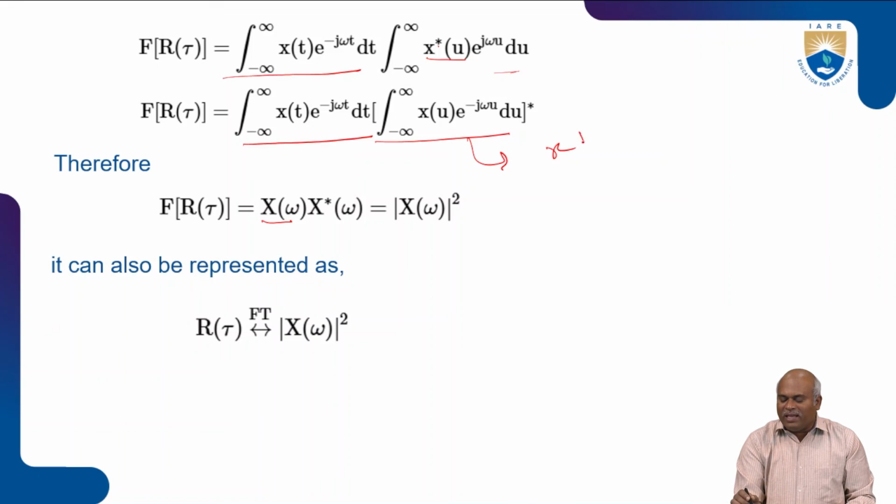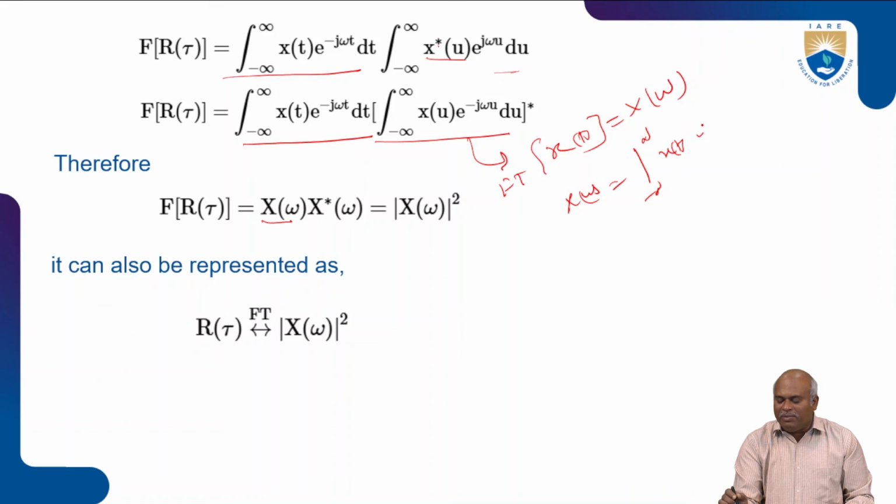So the Fourier transform of x of t is x of omega, where x of omega equals the integration from minus infinity to plus infinity of x of t e power of minus j omega t dt.